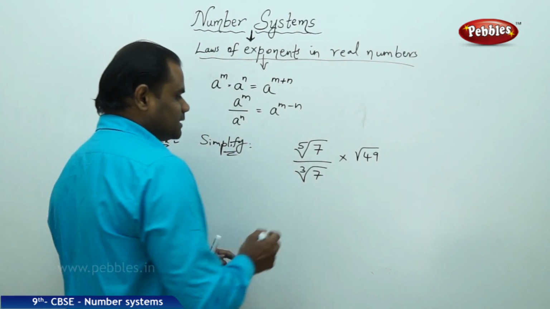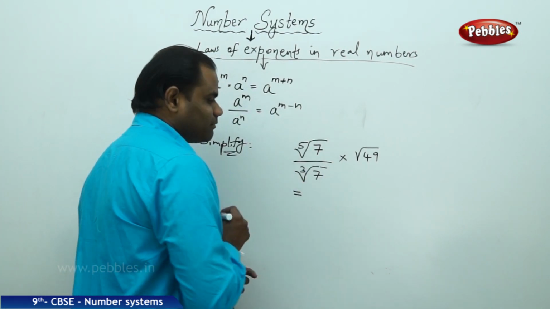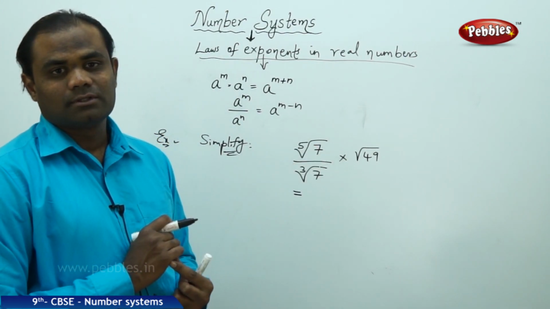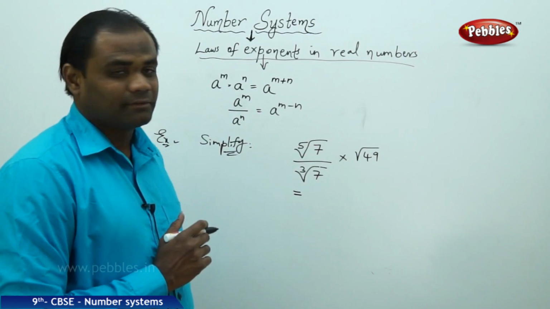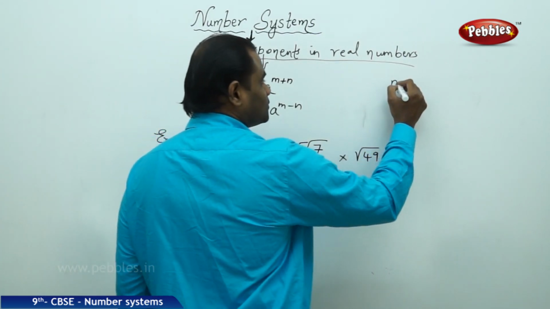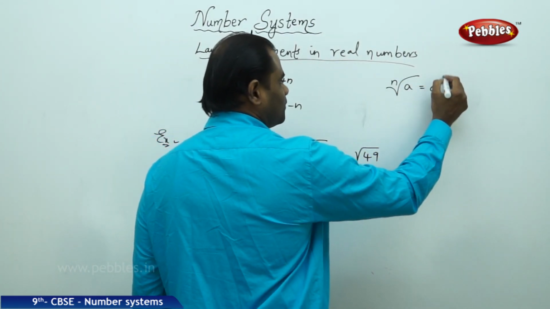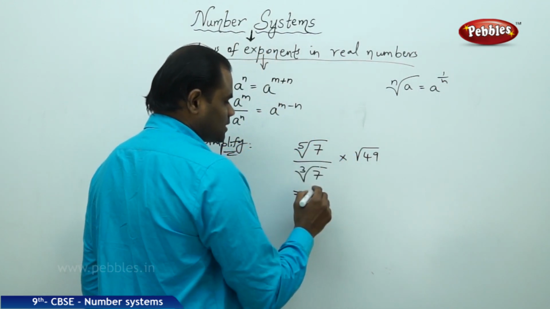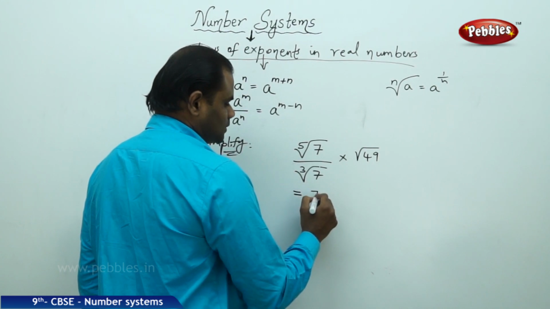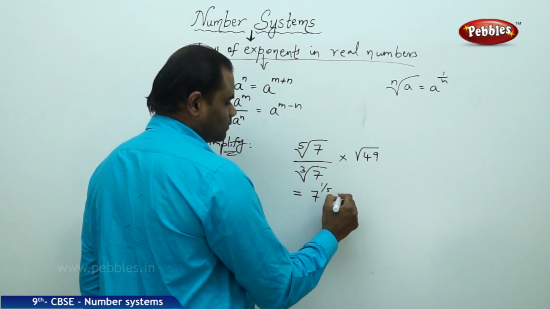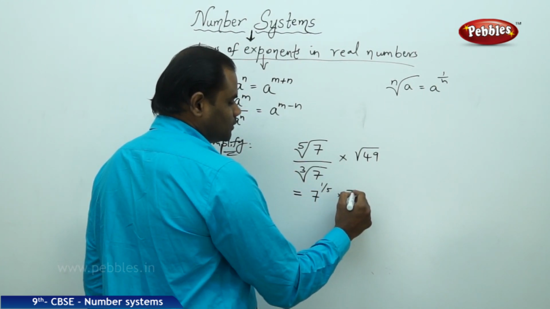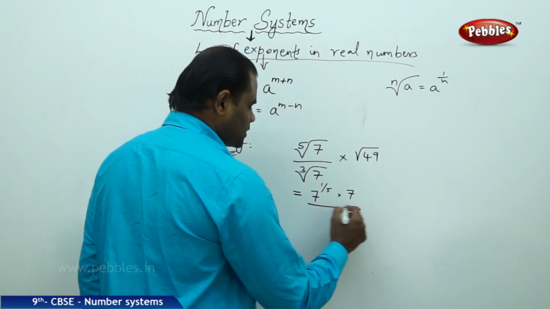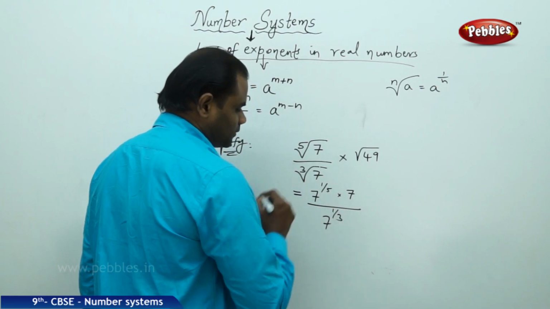Now clearly I see that this can be simplified initially by extracting the roots. So because it's in the 5th root of 7, we understand that nth root of a is a power 1 by n, and hence 5th root of 7 is 7 power 1 by 5, and root 49, which is 7 because root of 7 square, and cube root of 7 is 7 power 1 by 3.